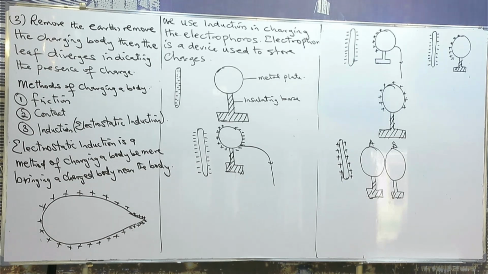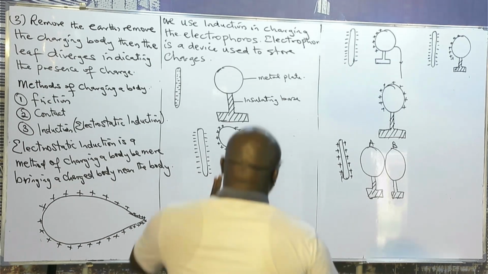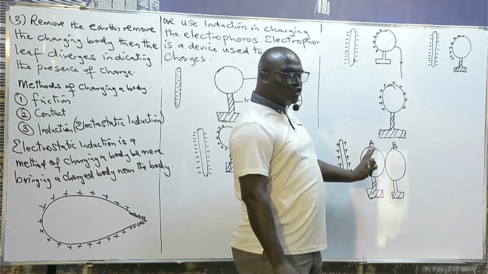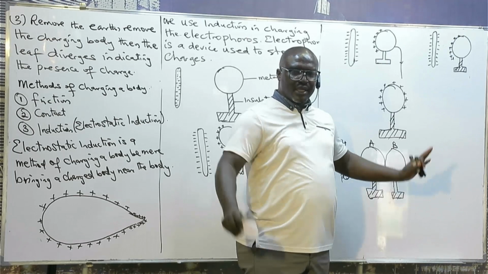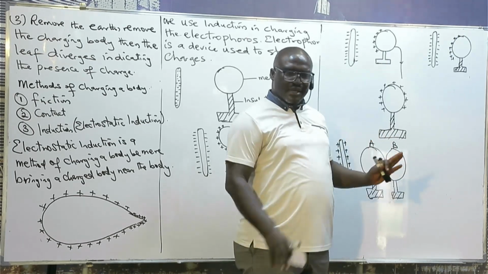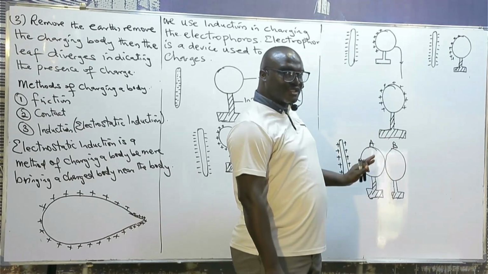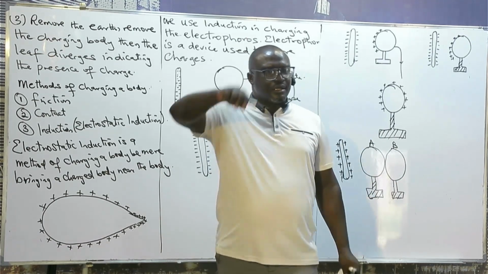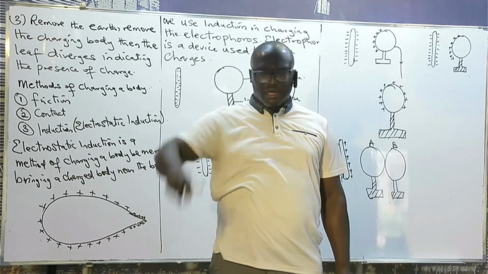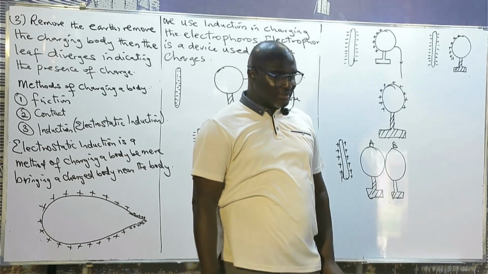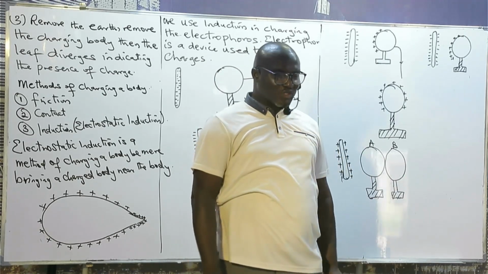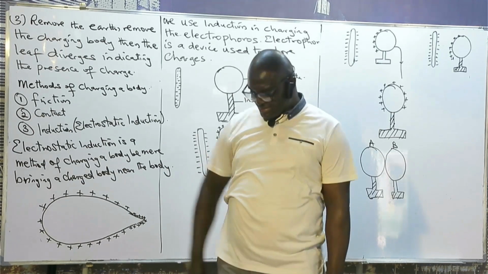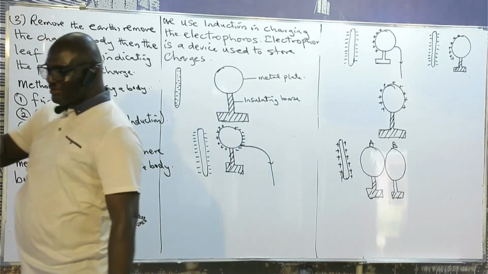If I bring a positively charged body near two neutral bodies, A and B, in contact with each other, can somebody tell me the charges that will be formed? I say somebody. I didn't say everybody.